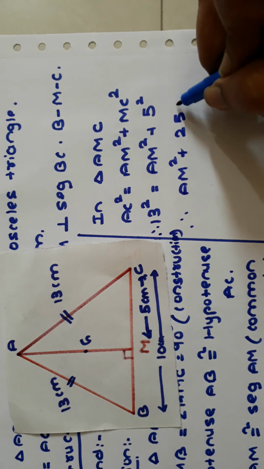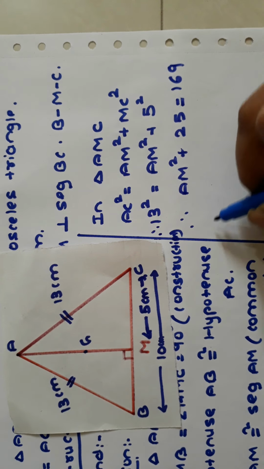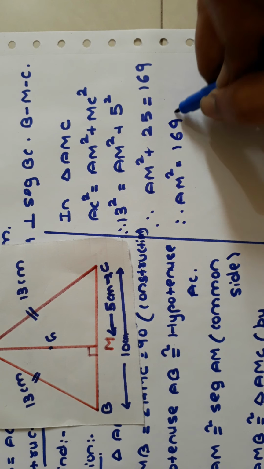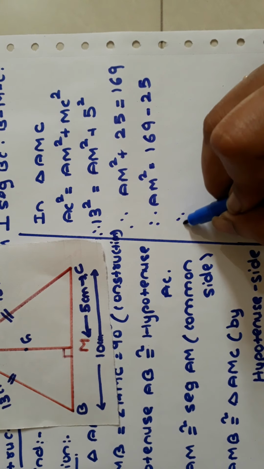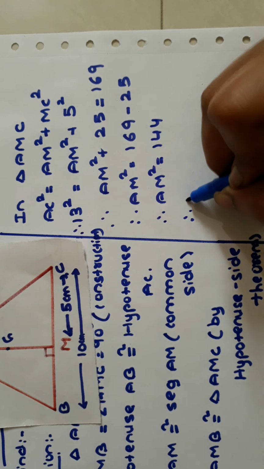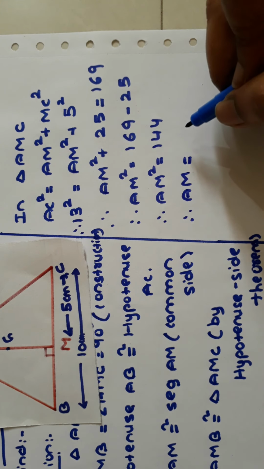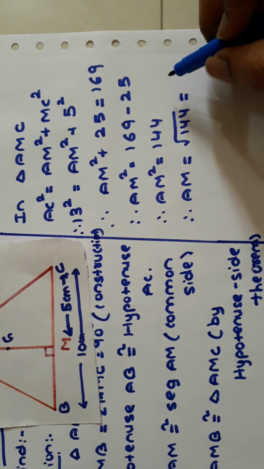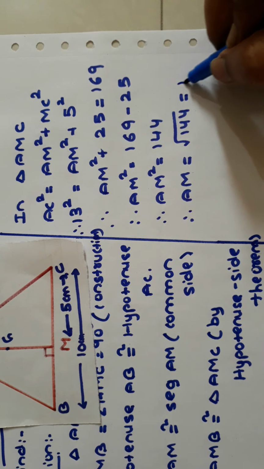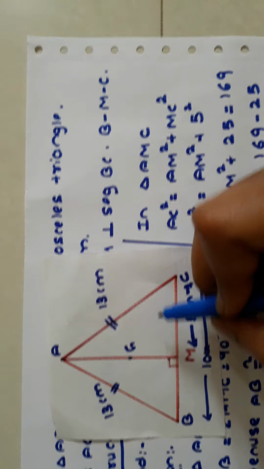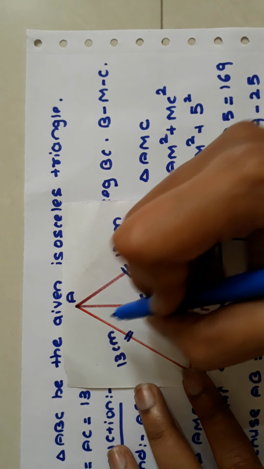AM square plus 5 square, 25, is equal to 169. AM square is 144. AM is root of 144 and that is plus minus 12, but since we are talking about the length of the sides, length is always positive. AM is 12.